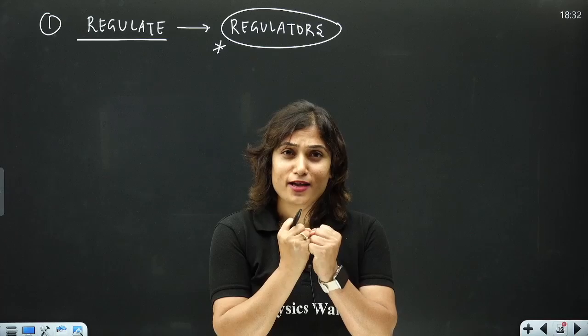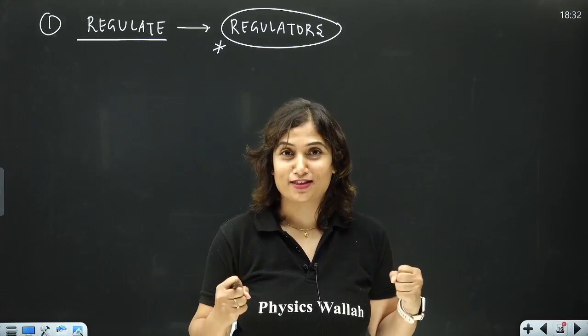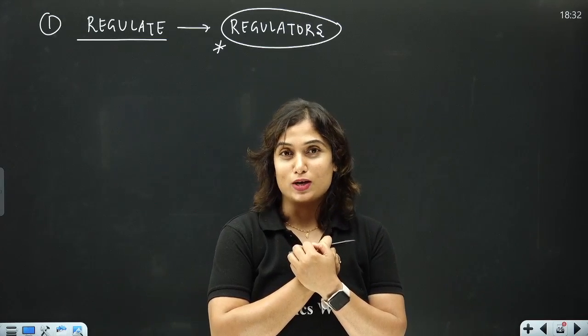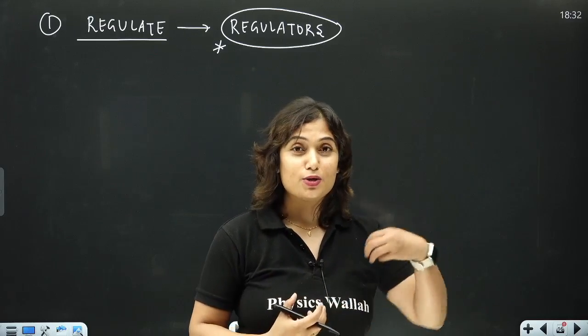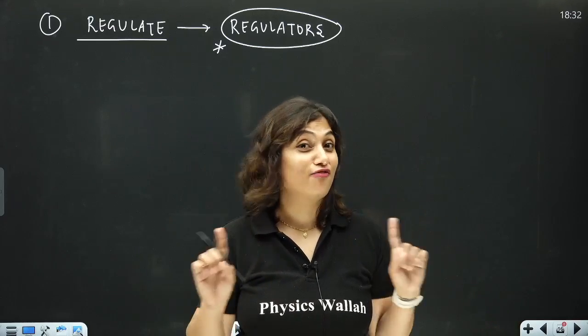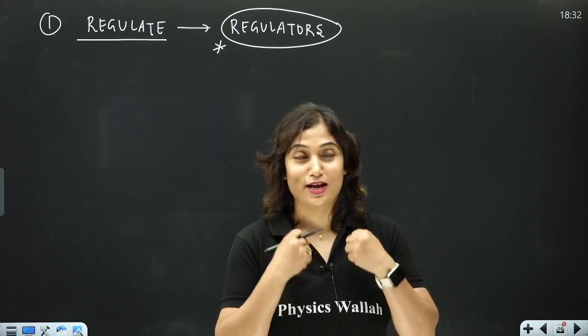They fight up to their last breath to maintain their internal environment, and those organisms are called regulators. So how are these regulators responding to their external environment? By not getting affected by the external environment and maintaining their own internal environment.